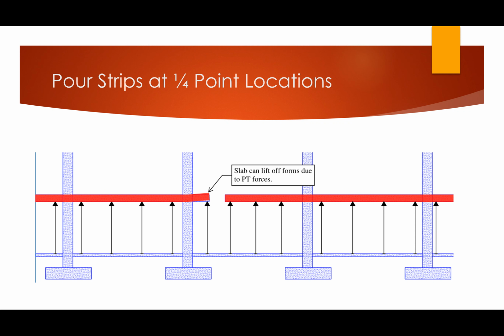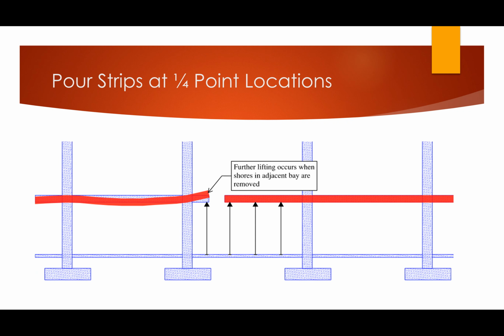But the problem actually gets compounded by another effect, because at some point in the not too distant future, after this is post-tensioned, the forms and shoring are going to come out from underneath that slab. And so when the shores are ultimately pulled, you get this type of condition where the deflected shape in your adjacent bay causes additional uplift at the free end there.